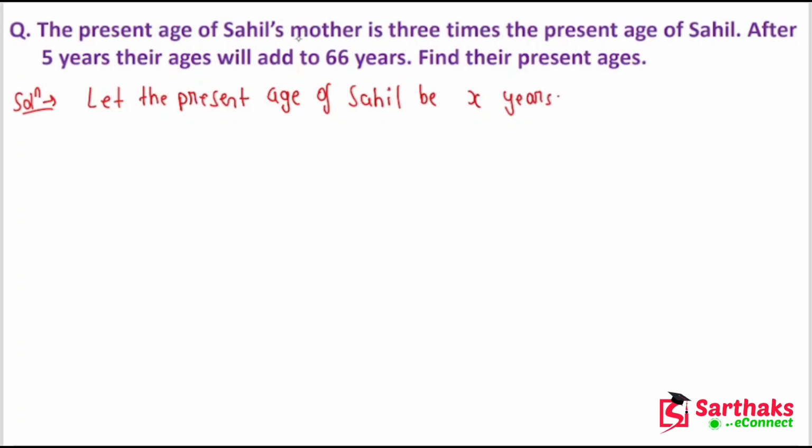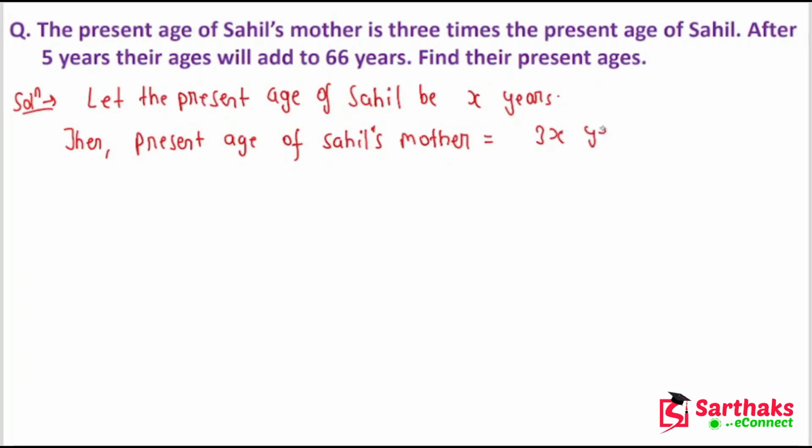Now according to the question, the present age of Sahil's mother would be 3 times the present age of Sahil. Then, present age of Sahil's mother is equal to how much? 3 times of Sahil, that is 3x years.